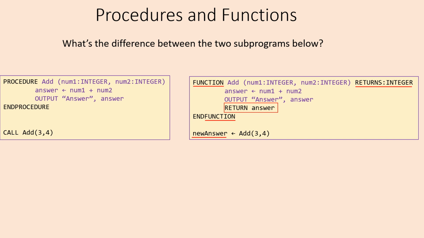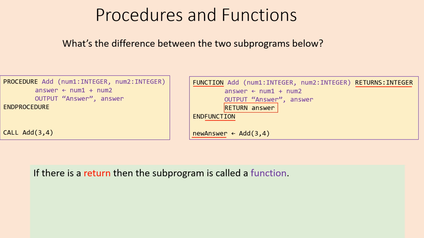So we return 7 to the main program, and add34 will be replaced with the return value. Then that return value can be stored in the variable new answer. Then the rest of the program can access that, and we can do stuff with it.